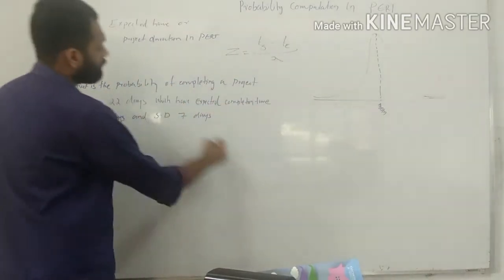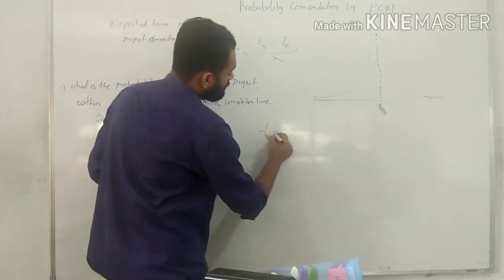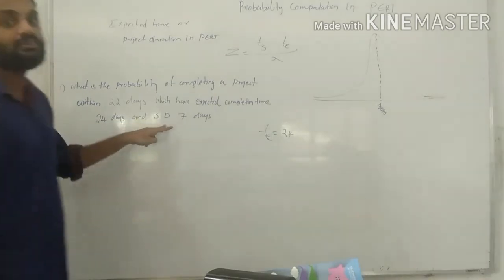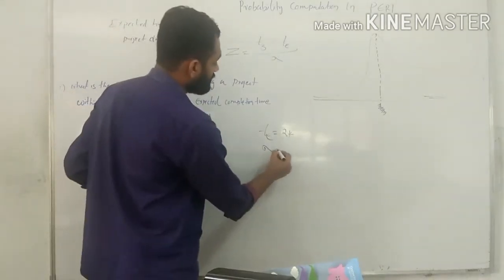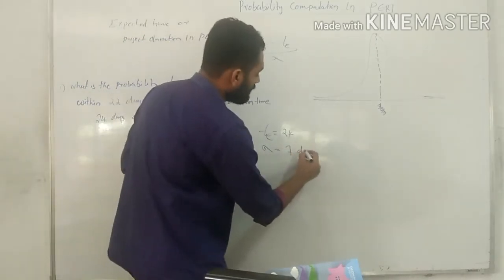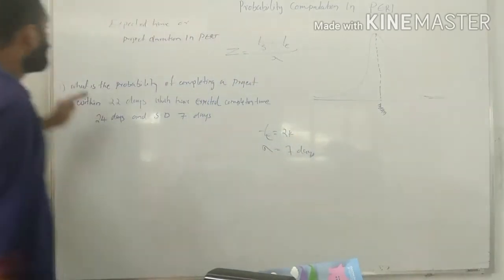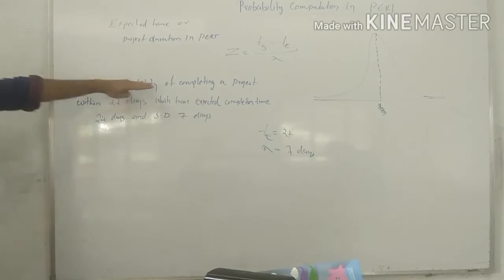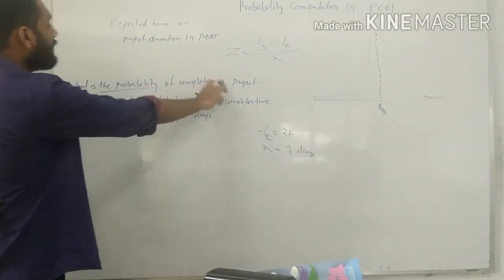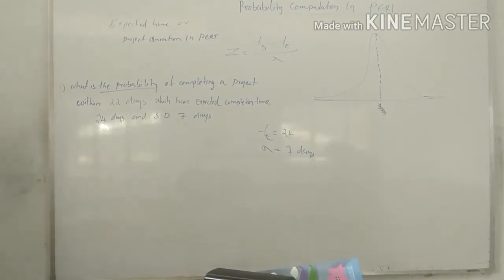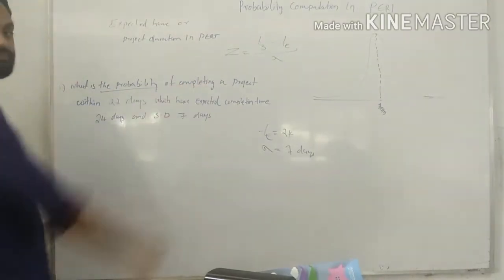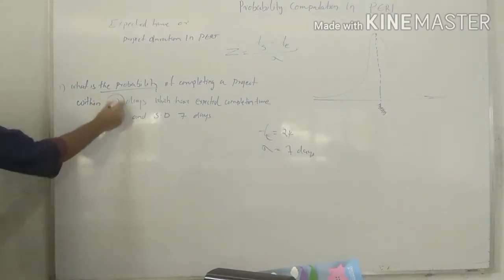That is, T is equal to 24 days and the standard deviation of that project is 7 days. What is the probability that the project is completed within 22 days?